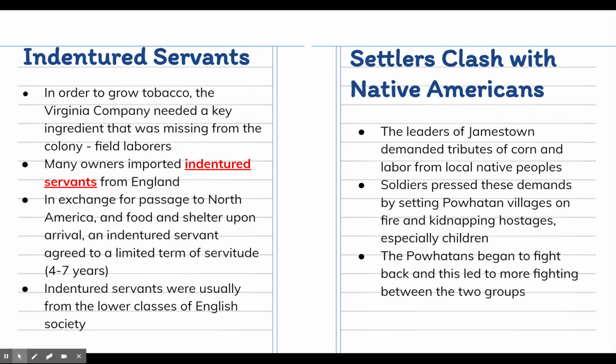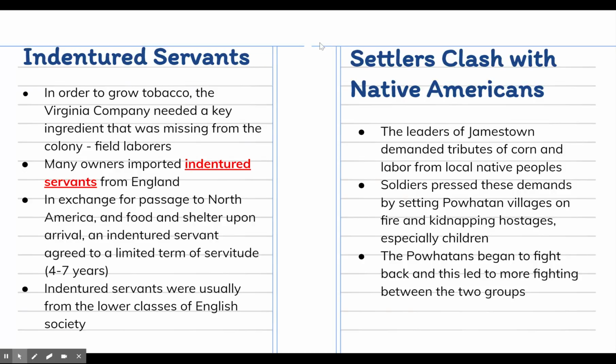They could not leave, or else that contract was broken. But once their contract was done, they were free to go about their life. So different from slaves, because again, it was willingly done. But when we talk about the 13th Amendment, it bans or forbids slavery and indentured servitude.